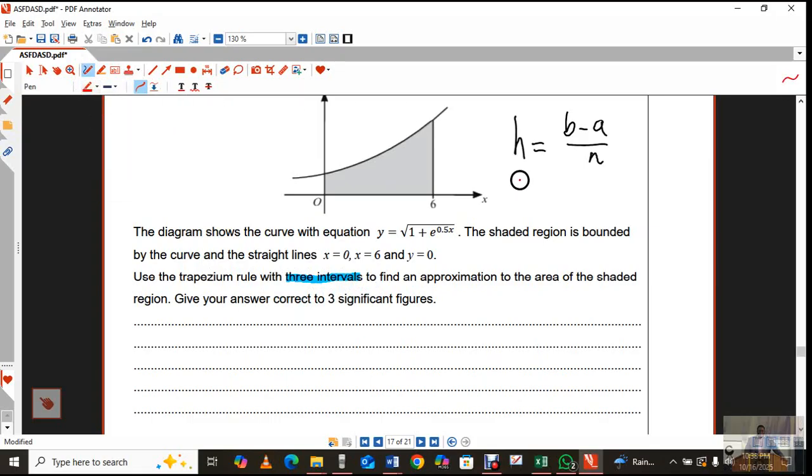Our b in this case is 6 and our a is 0. So h would be 6 minus 0 divided by 3, which gives you 2. This h is your width. So effectively, there will be 3 intervals here.